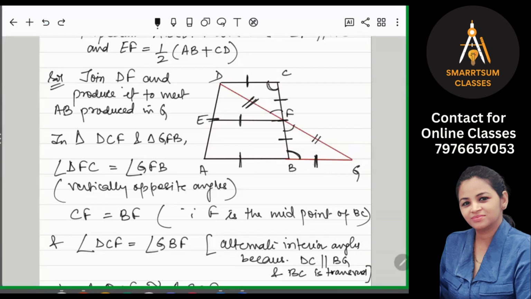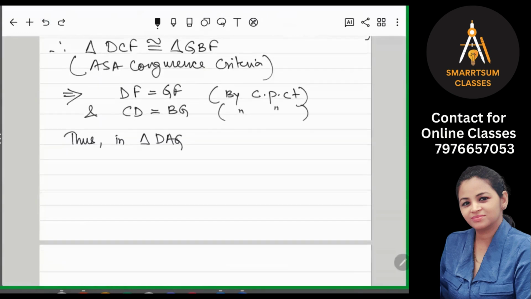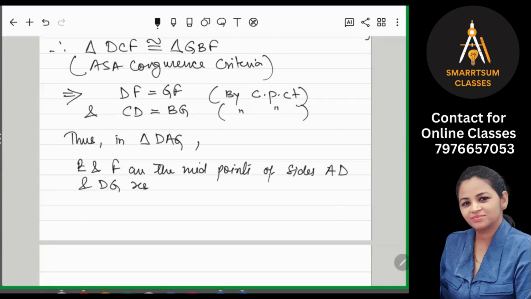So write down. In triangle DAG, E and F are the midpoints of sides AD and DG respectively.